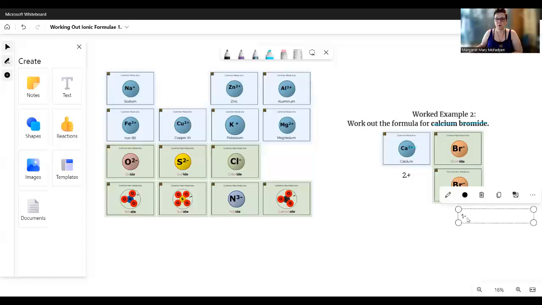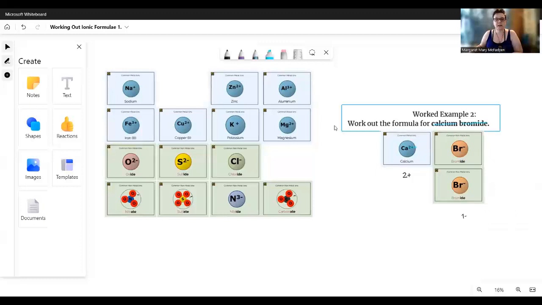So now if we look at what we've got with the bromide, you can see that each of these bromides has got a negative charge. Okay, they've both got one negative charge.